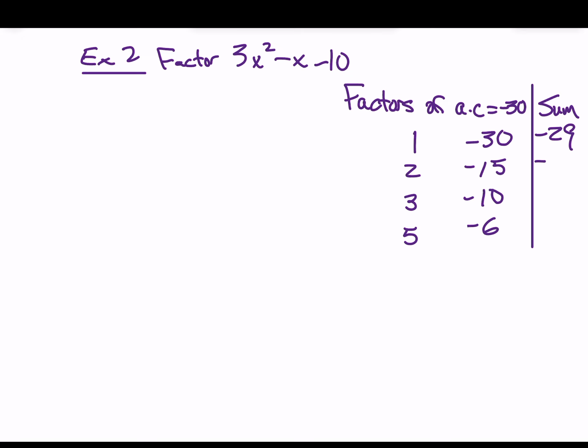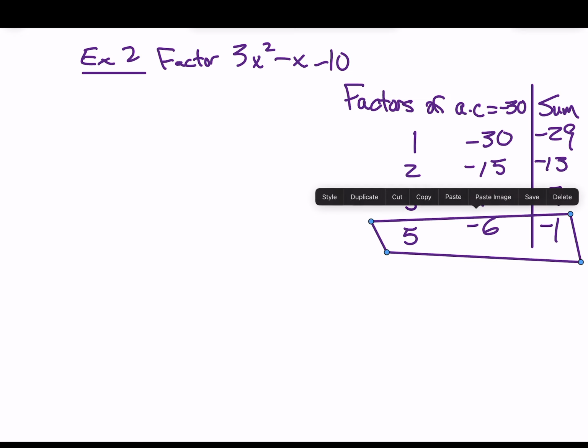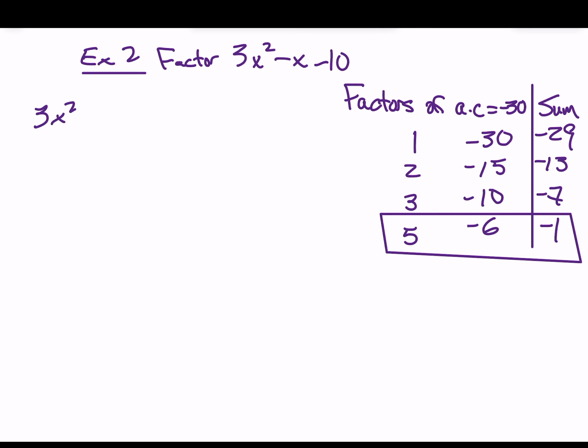When we add those together, 1 plus negative 30 is negative 29. 2 plus negative 15 is negative 13. 3 plus negative 10 is negative 7. And 5 plus negative 6 is negative 1. Notice our middle term is negative 1x, so the pair we want is 5 and negative 6.